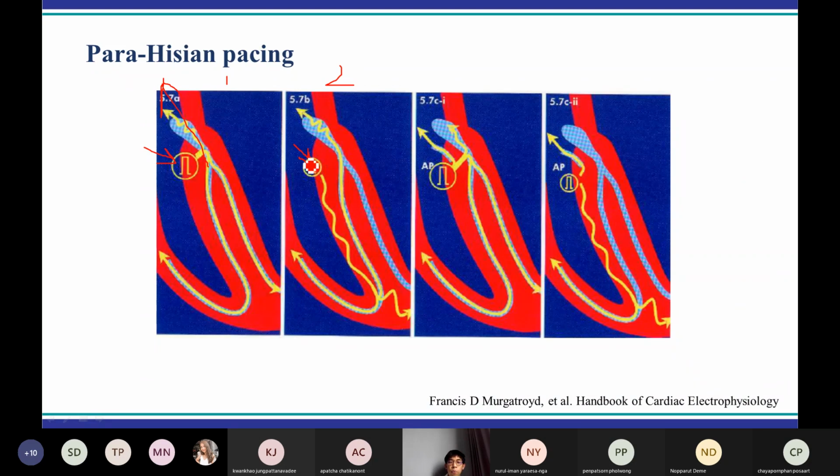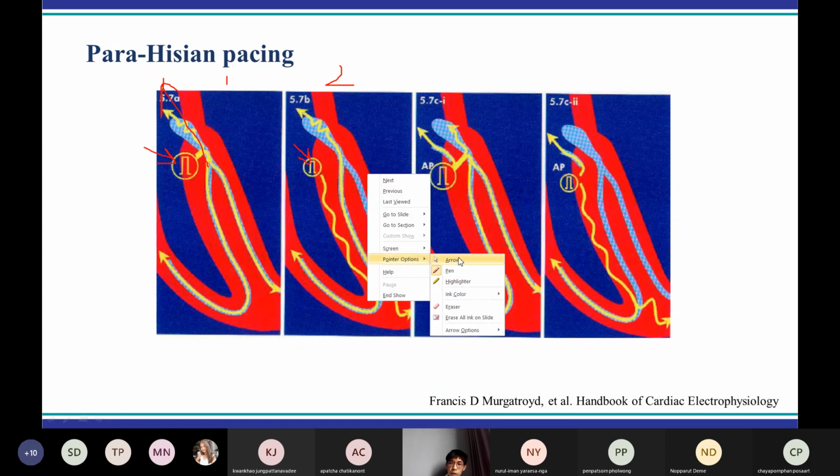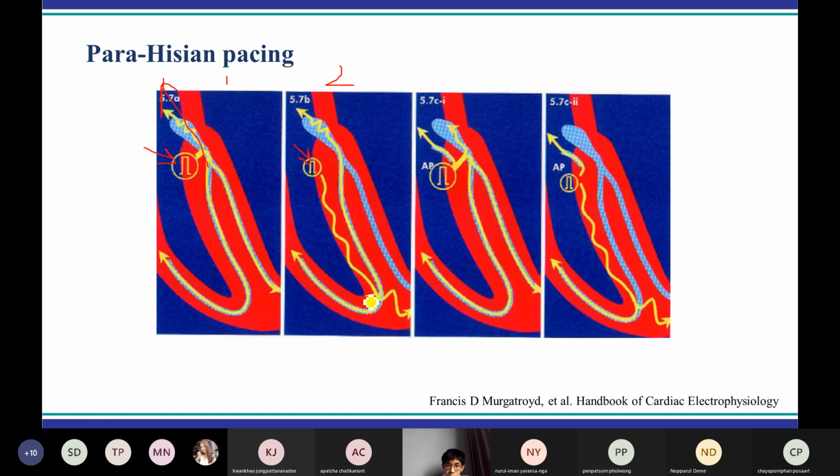But if you put the low output into the heart, the signal has to travel inside the myocardium to the apex of the heart here before it could go back up the conduction system to reach the AV node and His.